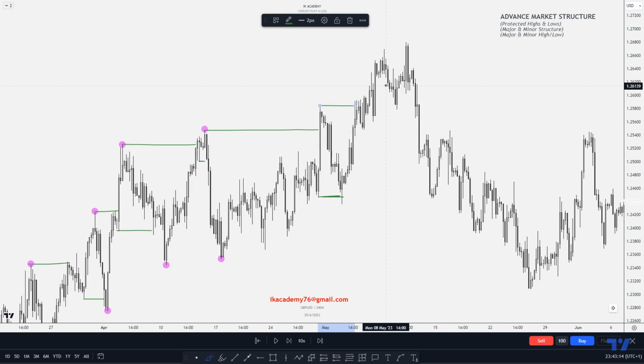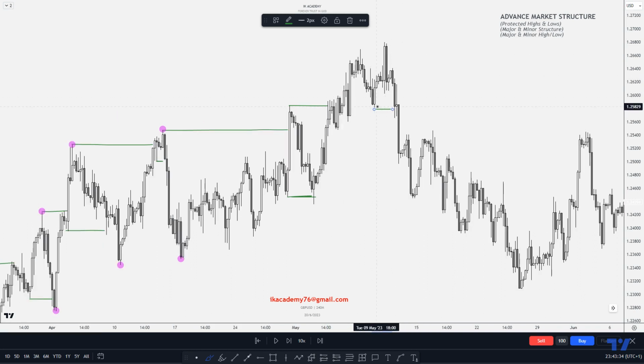And we have an inducement, price pulled back there, did not take anything, went up, created this pullback, and then continued to the upside again. We clearly have an inducement here, potentially sitting around this point. Yes, this is our inducement.